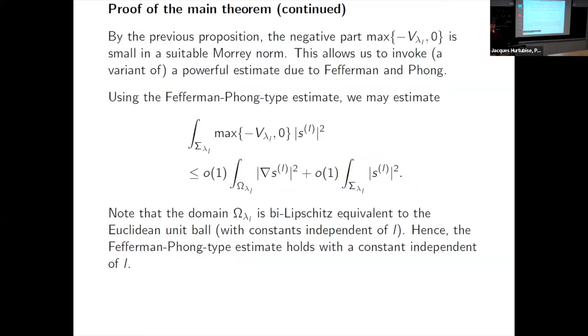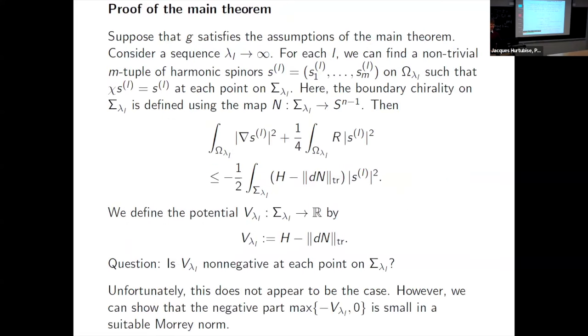All right, so now how do we go from there? So remember, in the integral formula, let me go back here, we have a good term on the left-hand side, which is non-negative, and on the right-hand side, we have this term involving V, which has an ambiguous sign. So now the point is, assuming that this V is small, you can argue that the right-hand side, maybe it doesn't have a good sign, but at least it's small.